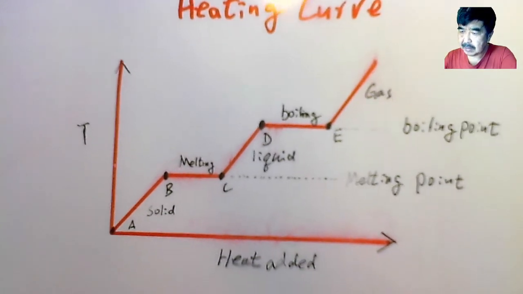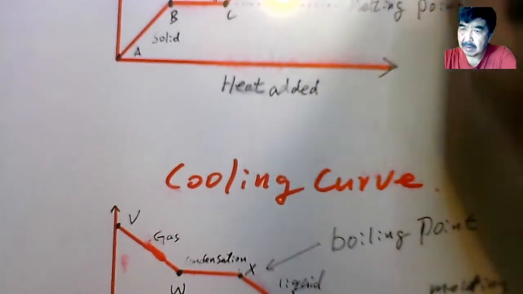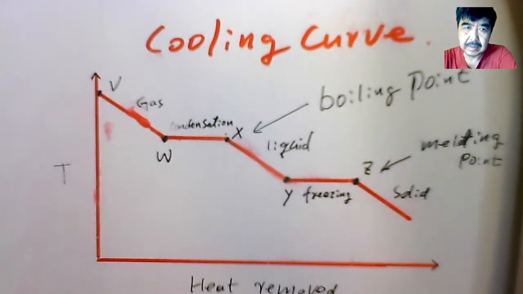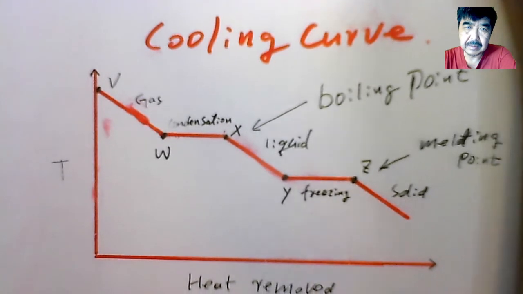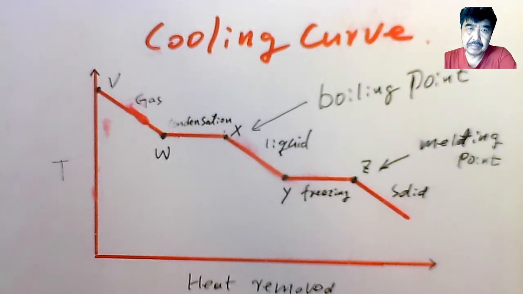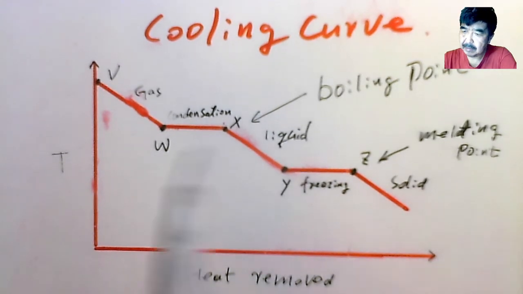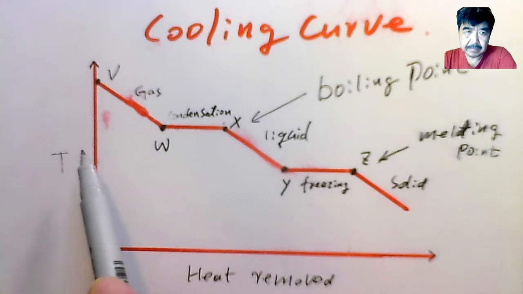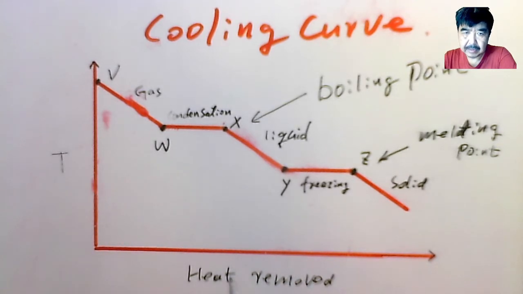Next, let's take a look at the opposite process called the cooling curve. The same thing. You can see the coordinates are temperature on the y-axis, and the heat removed from the system on the x-axis.